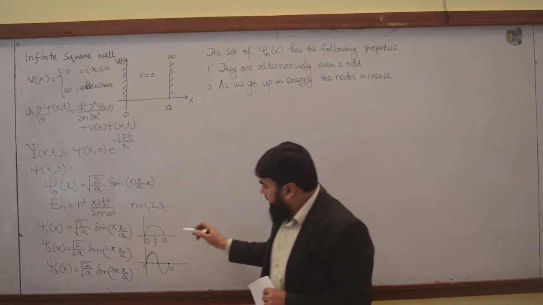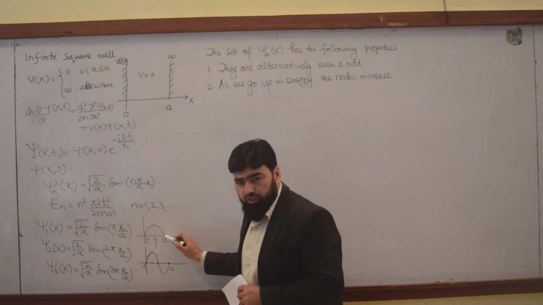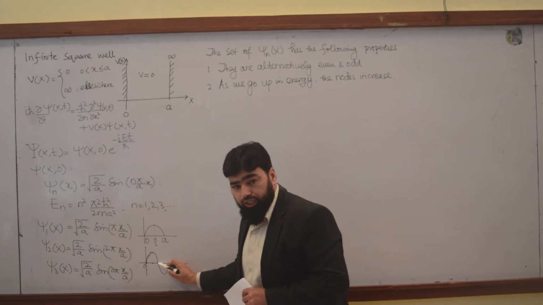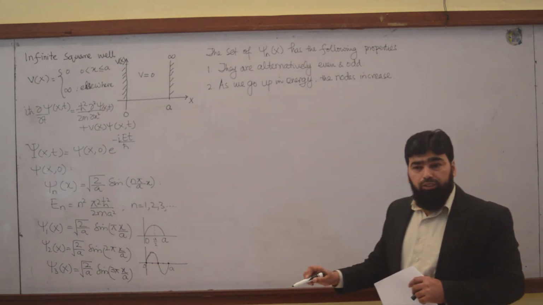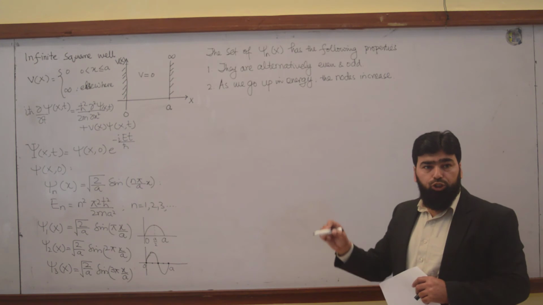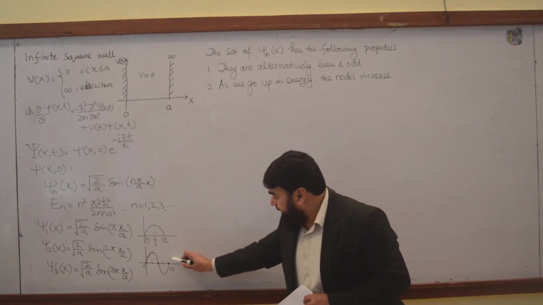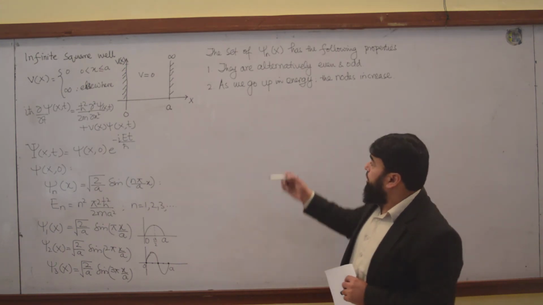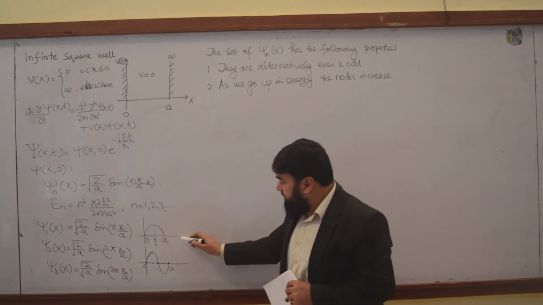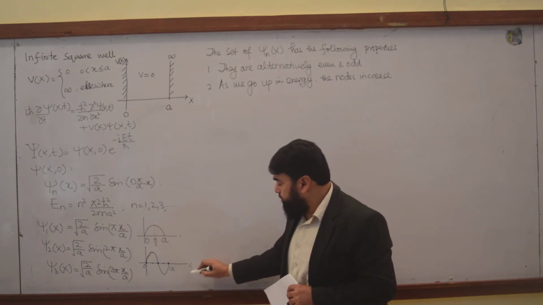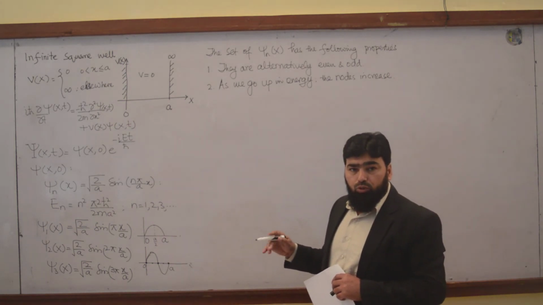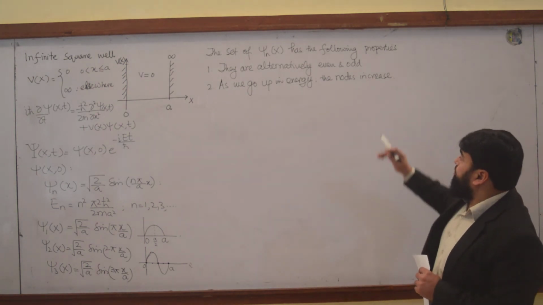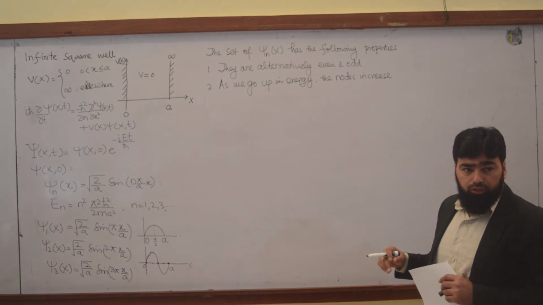You see, here were two nodes, the beginning and the ending, and here are three. Means the wave function is passing through 3 zero positions. If I add another one, then one node will be added more. So as we go up in energy, this is level 1, this is level 2 and level 3 and so on, in this potential well, the nodes increase.